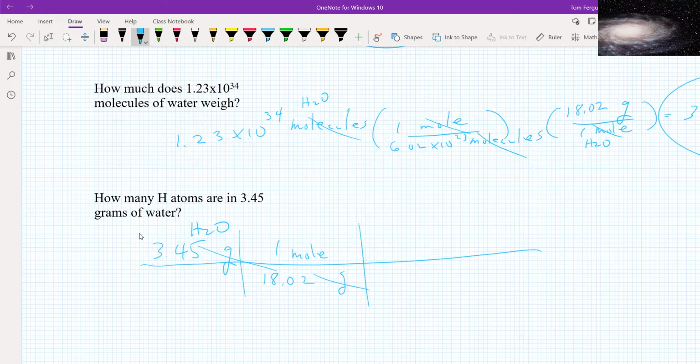Then we find how many molecules that corresponds to. Because see, this is moles of what? I just got moles of water. So now we need to figure out how many water molecules we have via Avogadro's number.